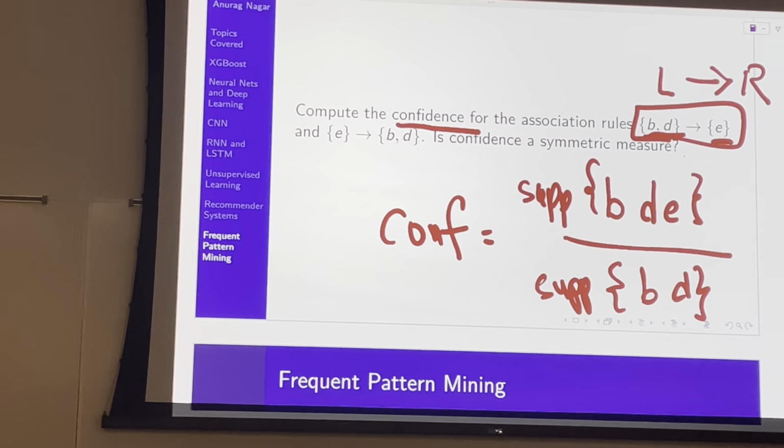One of the ways is to manually sit there and count how many cases there are with this and this. There are two automated algorithms. One algorithm is called the a priori algorithm. The second algorithm is called the FP growth tree or FP tree algorithm.